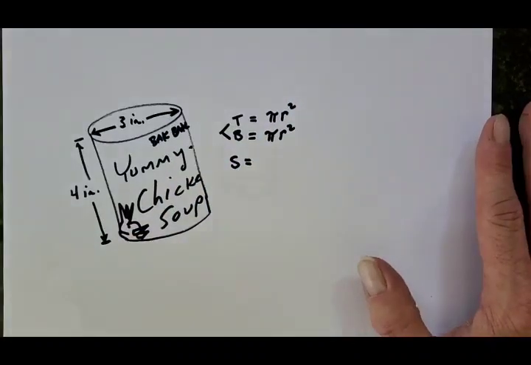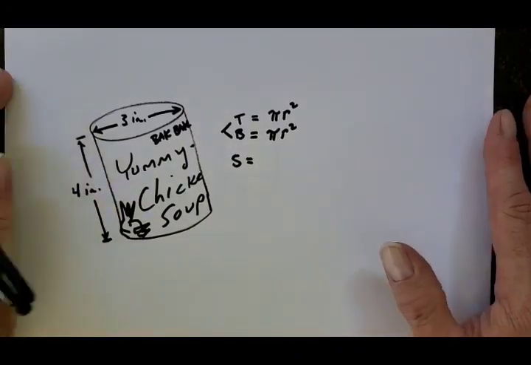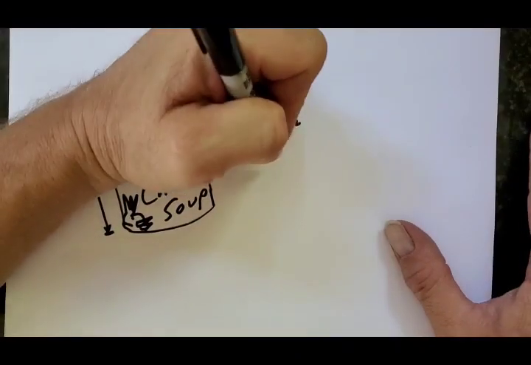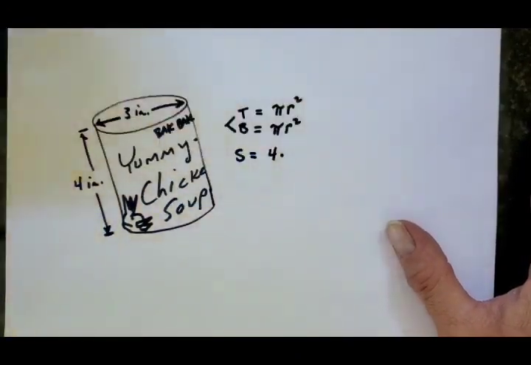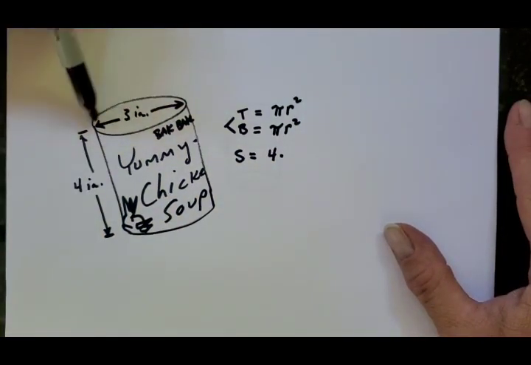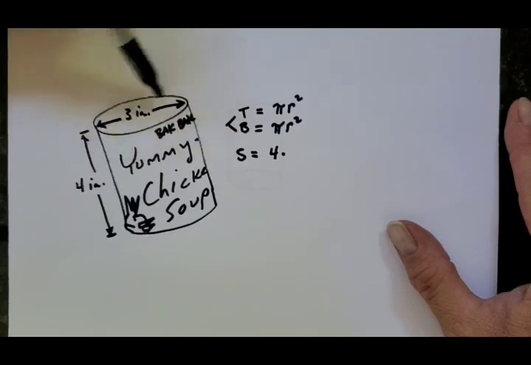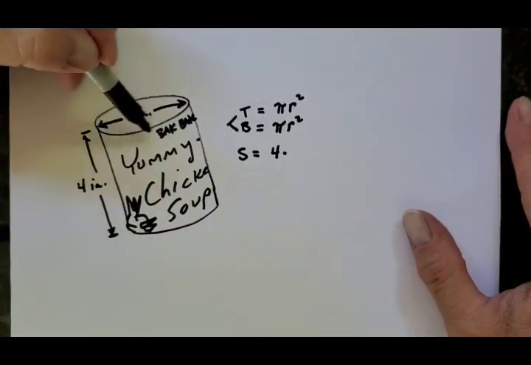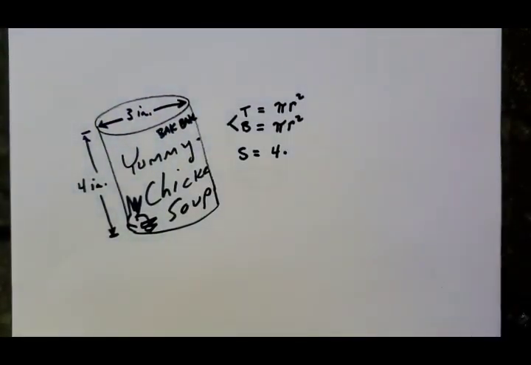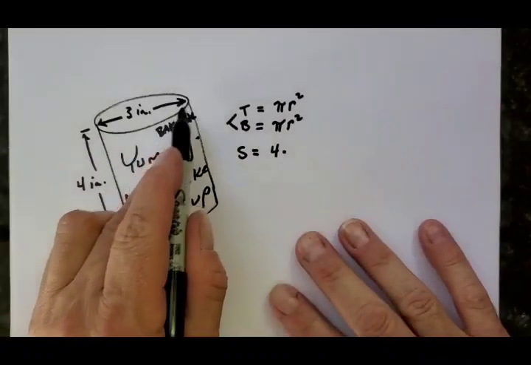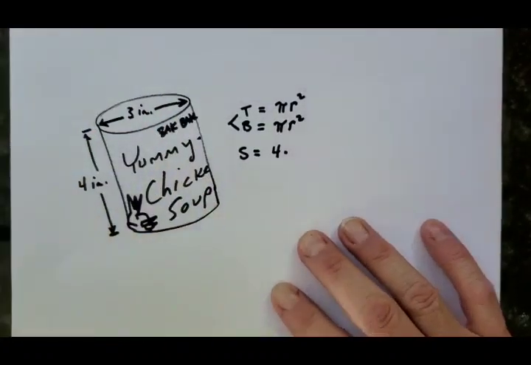So the area of the rectangle is the length times the width. So it's 4 times. Now, we need to know how long that rectangle is, and it follows the exact length of the circumference of that circle.